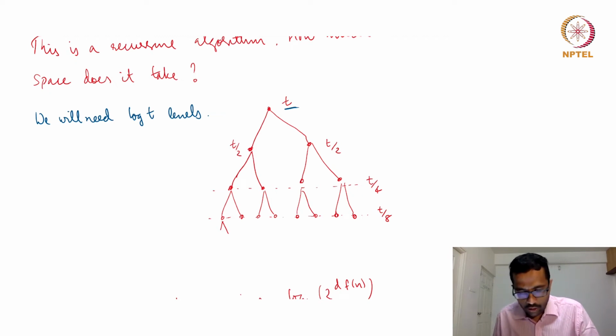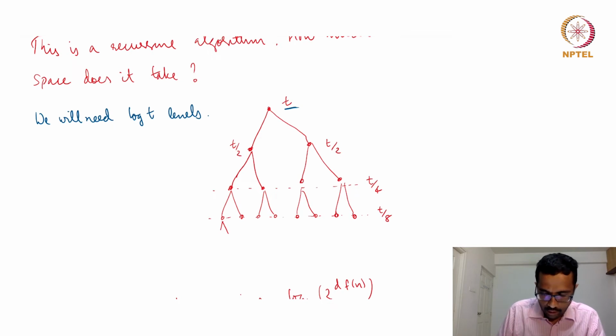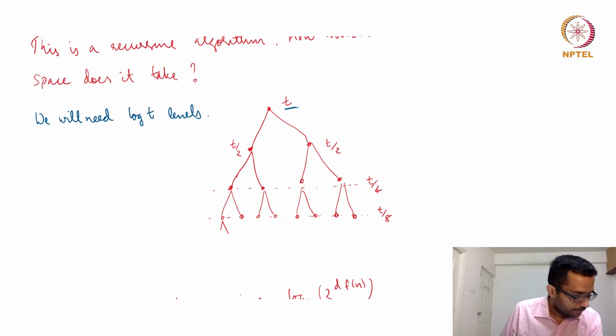Whenever we say log without specifying the base in this course, if the base is not explicitly mentioned, you can assume that the base is 2, okay, and this will be most likely the case for most of the computer science courses, right? We will need log t levels where log is the base 2, okay.